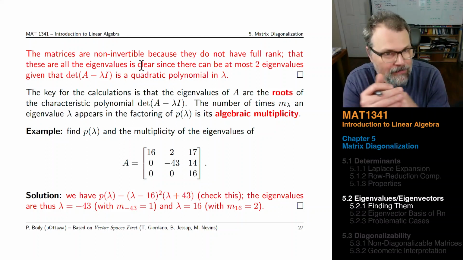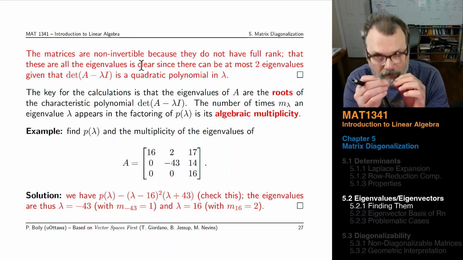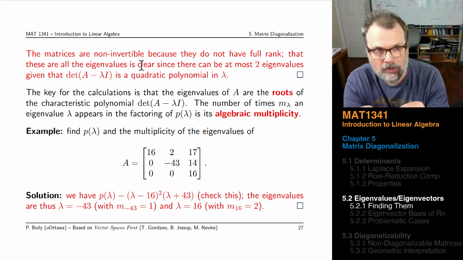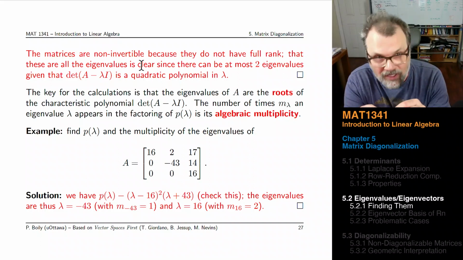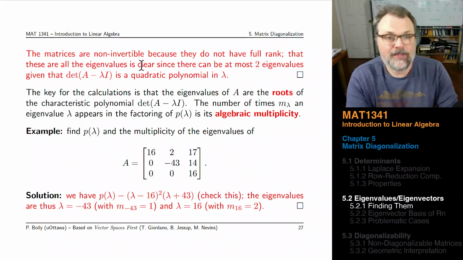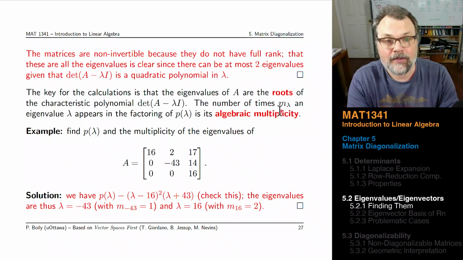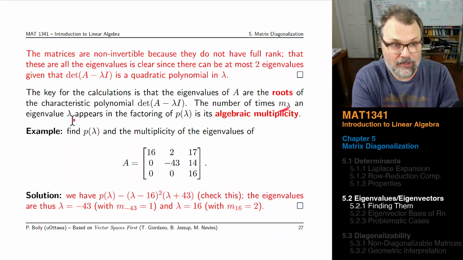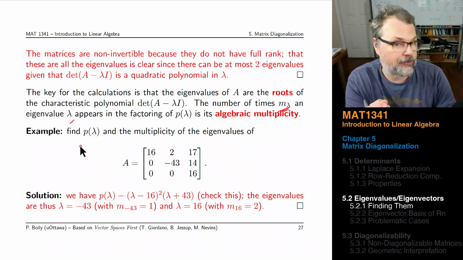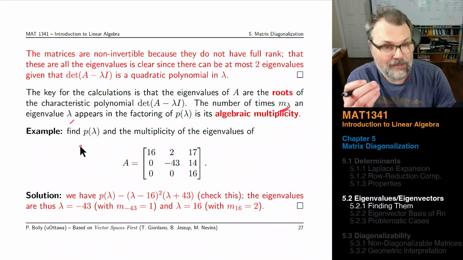Now the key bit for you here, I said it, but I'm going to say it again. The eigenvalues of the matrix A are the roots of the characteristic polynomial that corresponds to A, which is the determinant of A minus lambda I. The number of times, let's call that m lambda, that an eigenvalue lambda specifically appears in the factoring of the characteristic polynomial, that has a special name.